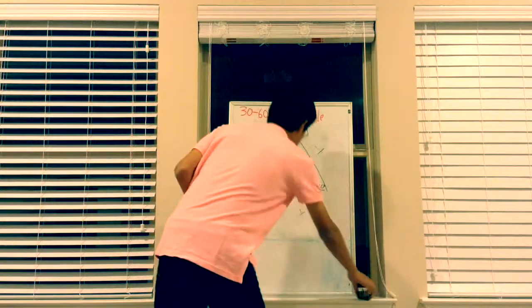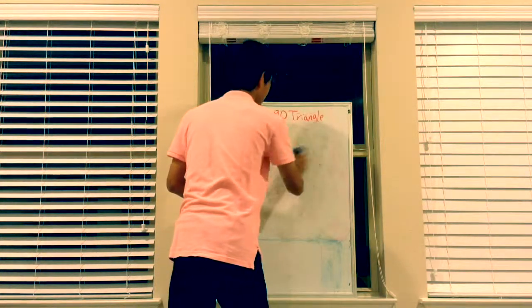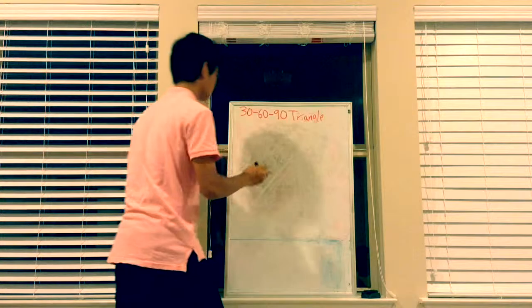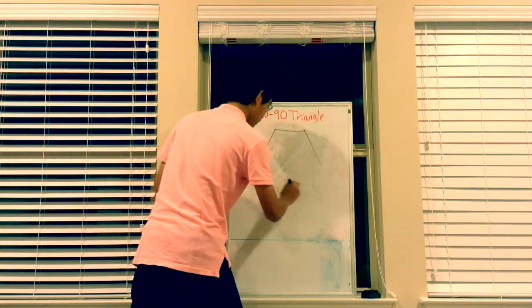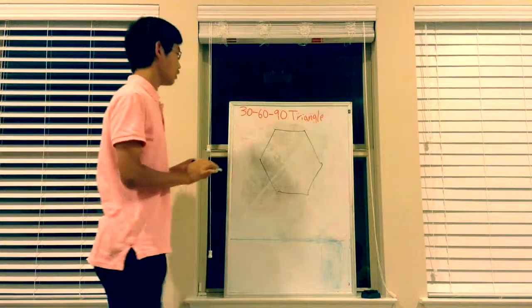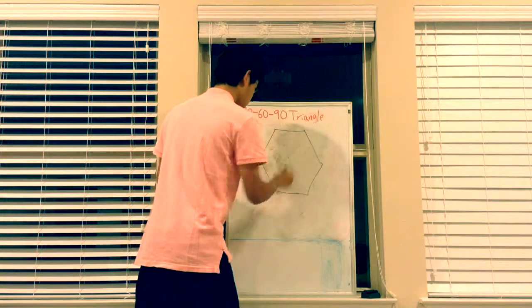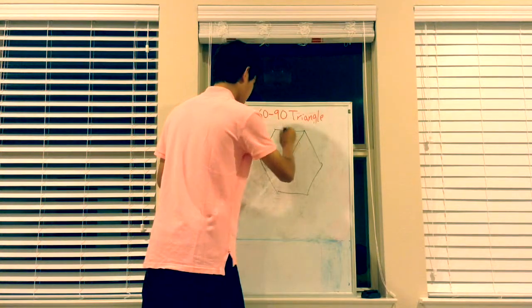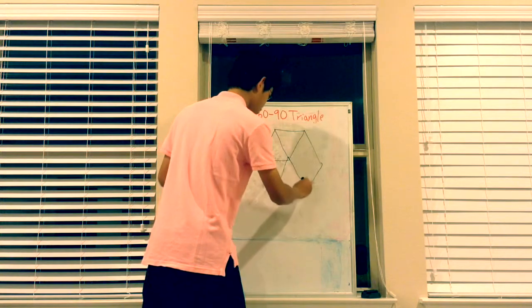So the next shape that the 30, 60, 90 degree triangle applies to is the hexagon. If you look carefully, the regular hexagon is made if you put a center and then connect every single vertex to the center.